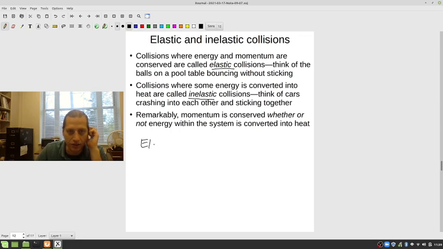So in an elastic collision, the idea that I want to put into your mind is that you have, for instance, a cue ball comes in at some initial speed, v1 initial, and it bumps into another ball, which might have some different speed, v2 initial, and then they bounce off of each other, and so you have your mass 1 and mass 2.